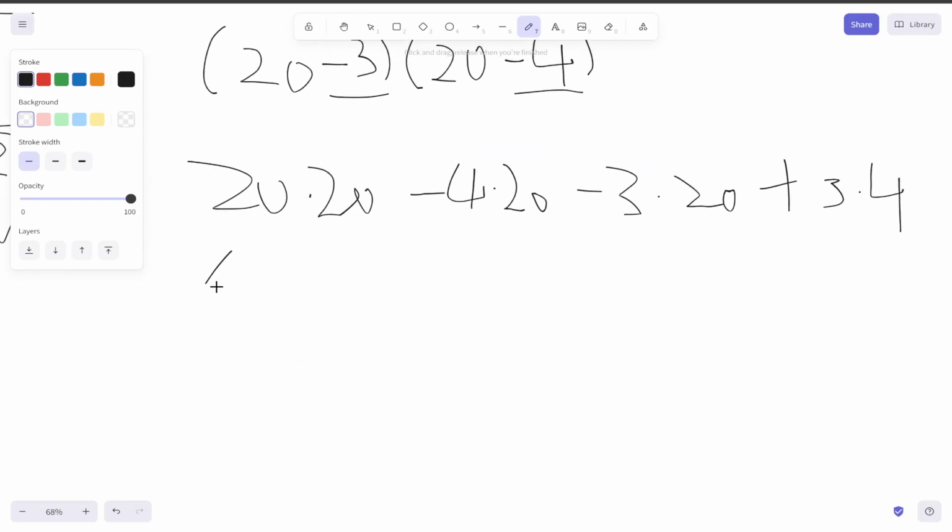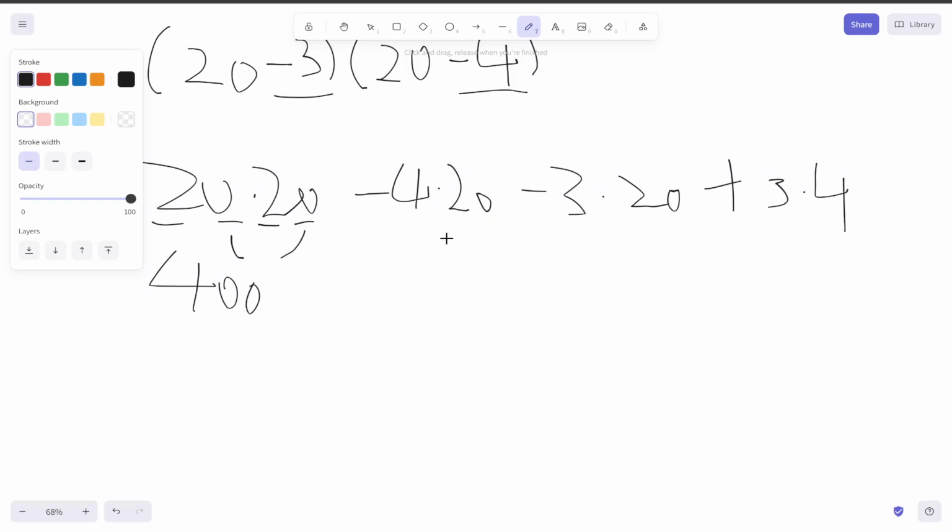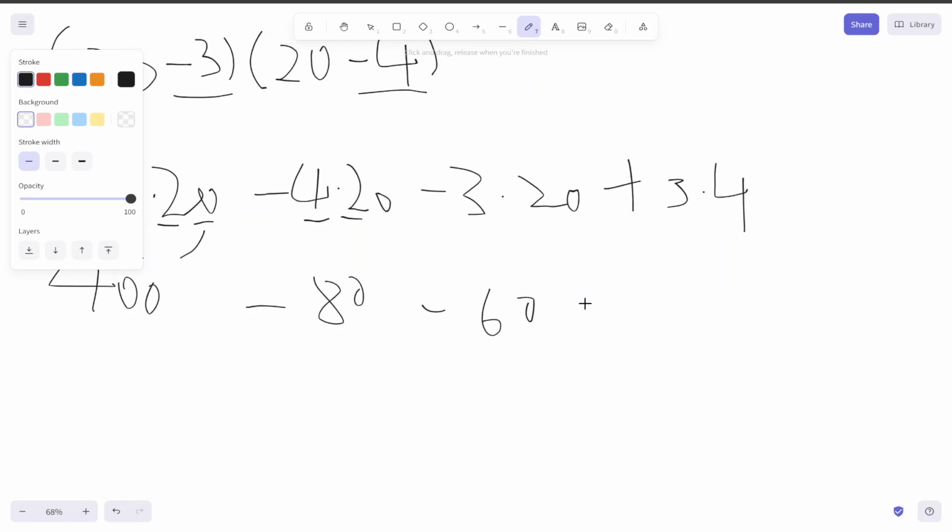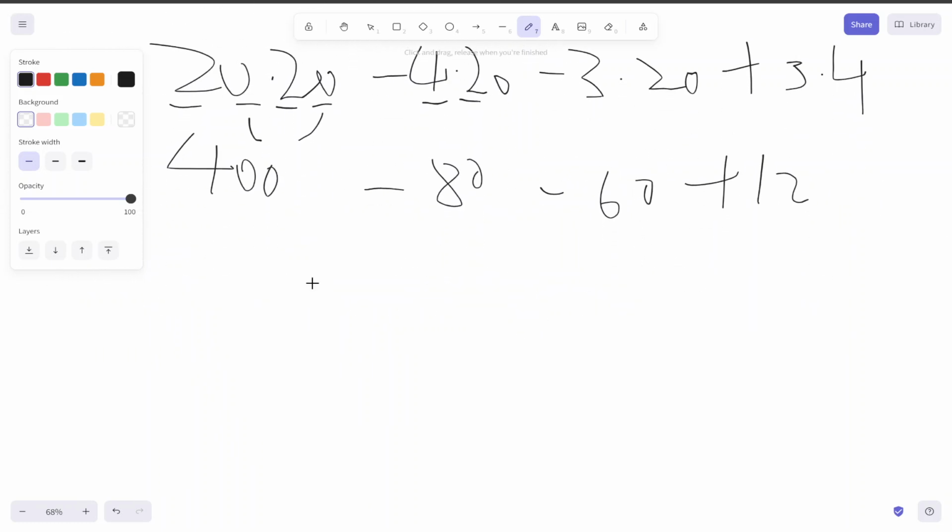Alright, so this is 400, because 2 times 2 is 4, and then there are 2 zeros tagging along right here. And then 4 times 20, this is going to be 80, because this is effectively 4 times 2, which is 8, and then we'll carry along a 0. And then 3 times 20, this should be 60, again for the same reason. 3 times 4 is 12, we should know this.